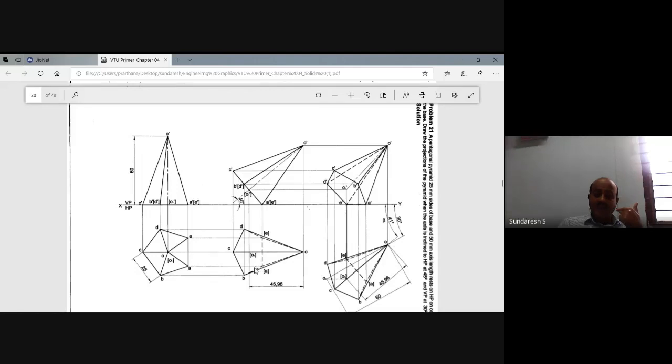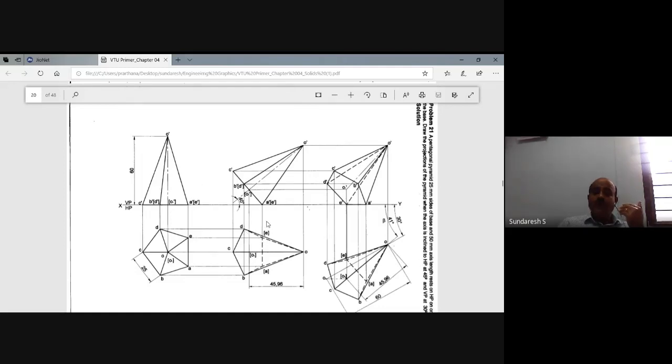See this edge, AB. What we can see is that this AB is not visible in the top view. Similarly, another edge which corresponds to the point B dash is B dash and D dash. Therefore, in the top view, D is not visible.